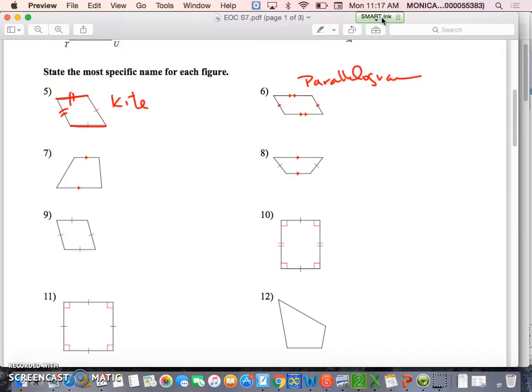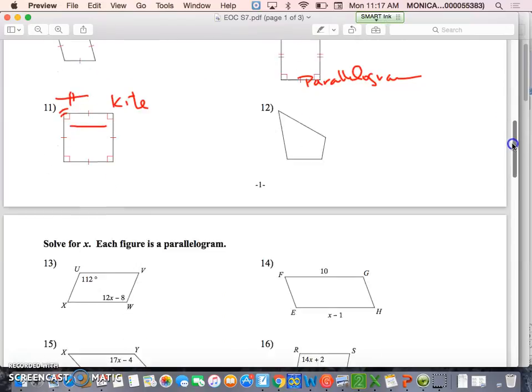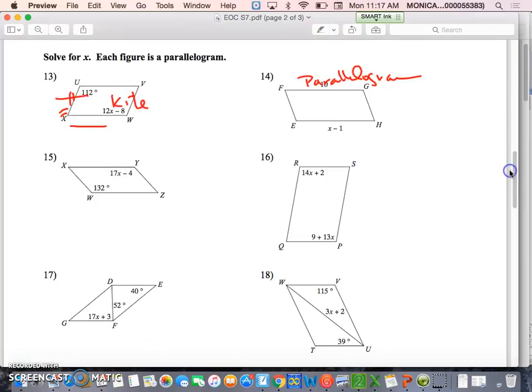Okay. The next problem I'd like to do with you is number 13. So go ahead and scroll to number 13. In this case, we know these are parallelograms, but we want to use the properties of parallelograms to figure out what the missing measure is. If I look at this, I can see that this is 112, and this one is 12x minus 8.